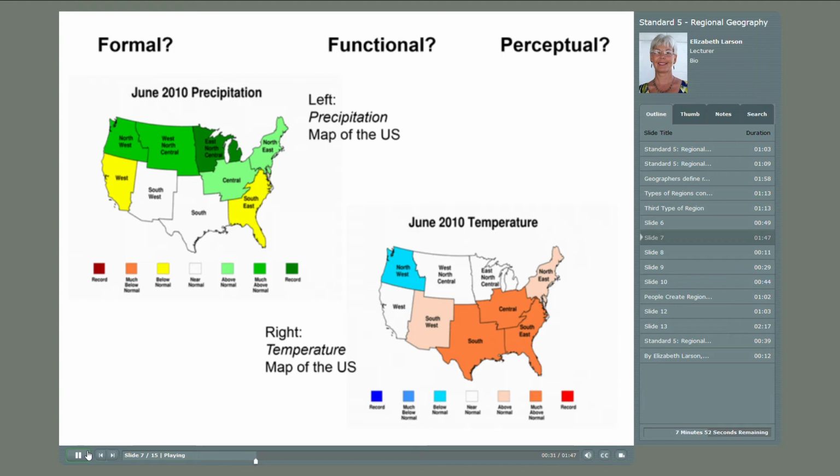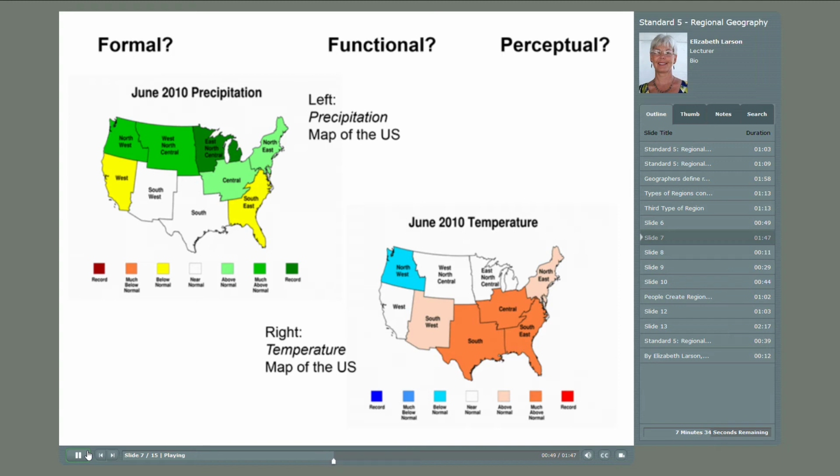of those regions. Looking back at the map in the upper left-hand corner, the precipitation map, you can see the color gradients going from a dark red to orange to yellow to white and then 3 shades of green.